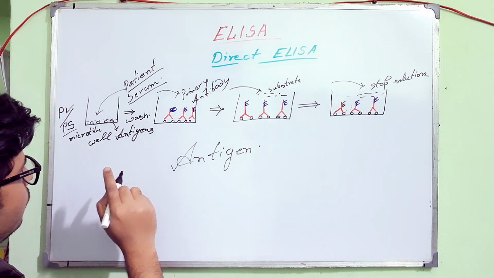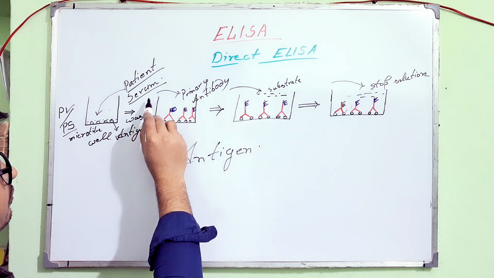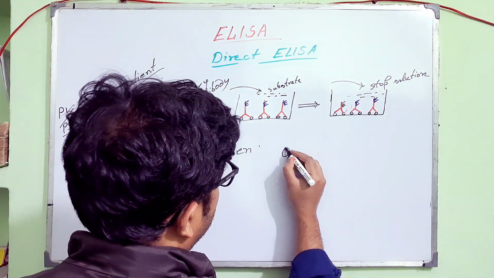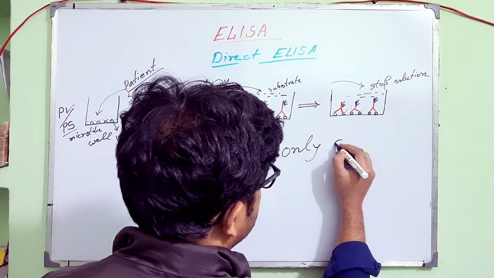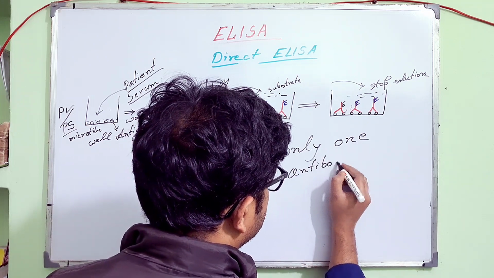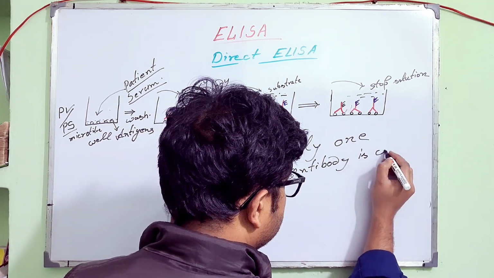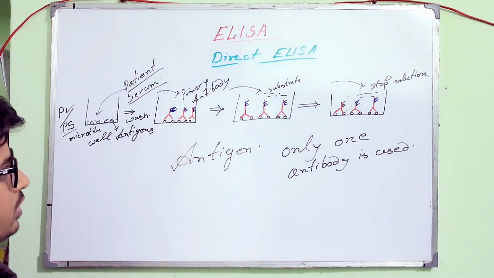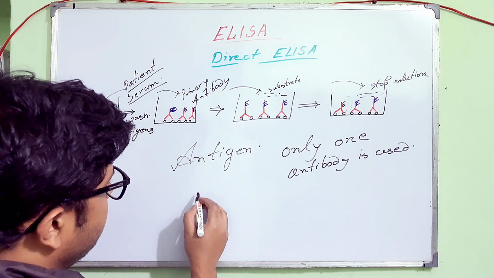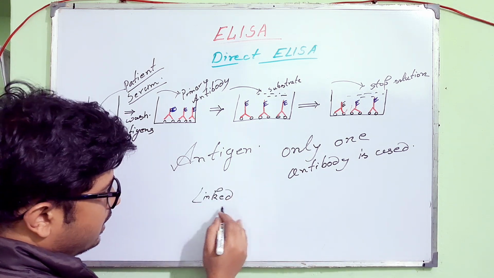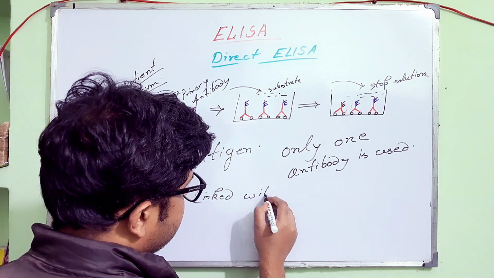Into that antigen I now have to give the primary antibody. Remember, in direct ELISA only one antibody is used. Only one antibody is used. This is very important. Now this antibody will be linked with an enzyme, not several enzymes, linked with a single enzyme.